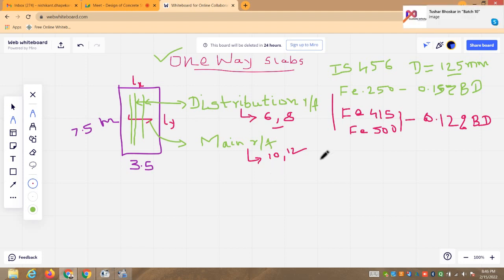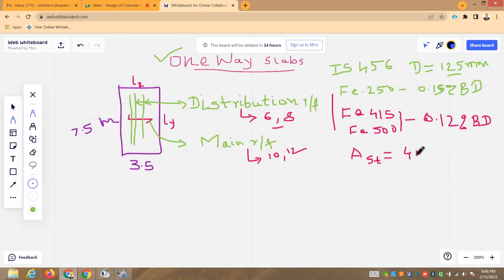Now, as we have seen in our previous lectures, we calculate the loads, and after the calculation of loads we calculate the steel. In the case of beams also we have seen. Now suppose the steel you have calculated is 450 millimeters square.